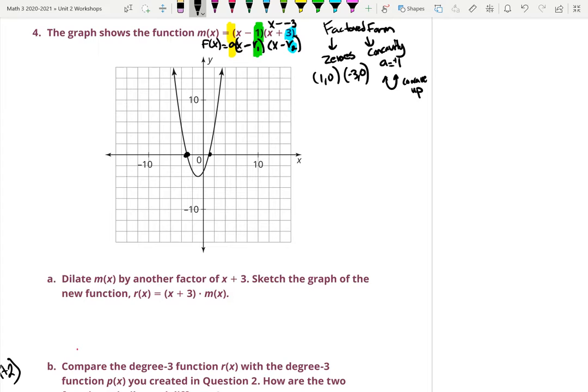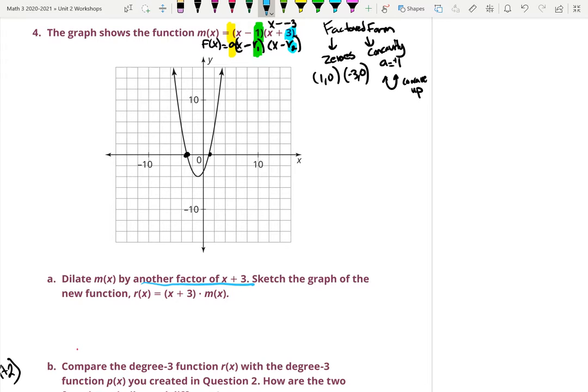All right, that was unit 1. Basically, quadratics, looking at factored form, and the key information that it displays. Let's go ahead and now figure out what we need to do. We need to dilate this function by a factor of x plus 3. We're going to be multiplying it by x plus 3.